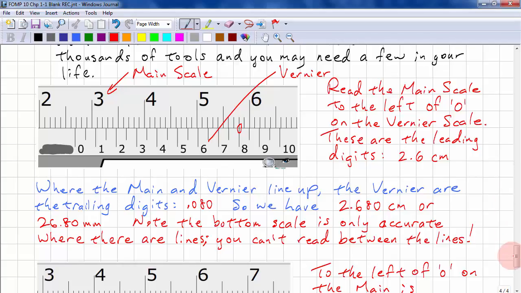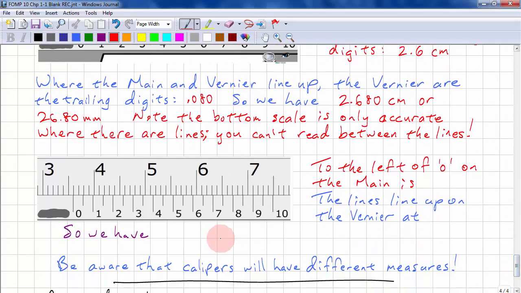Let's try another one. So we read how many tick marks are off the main. This is 3.1, 2, 3, 4, 5, and it doesn't quite reach 6. 3.5 centimeters. And let's see where they line up on the bottom. We just keep going across.